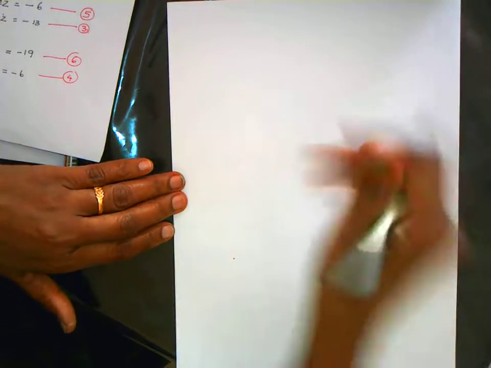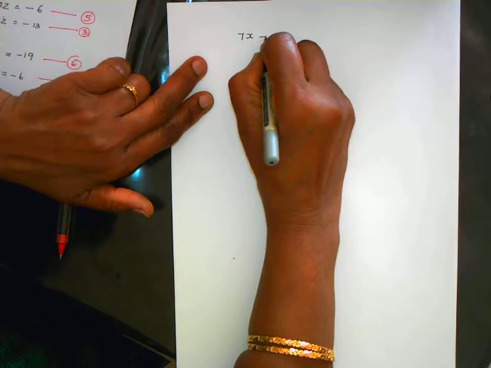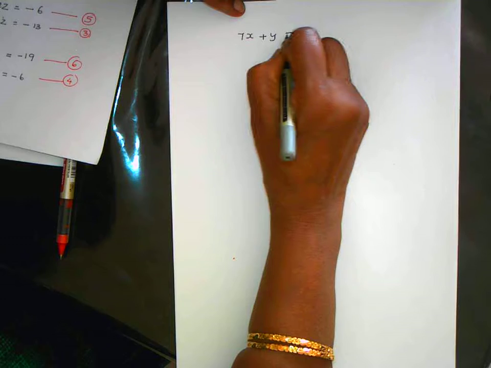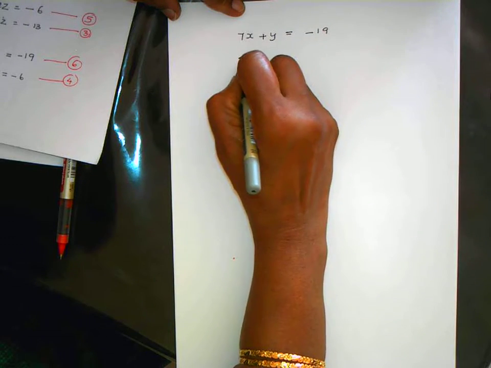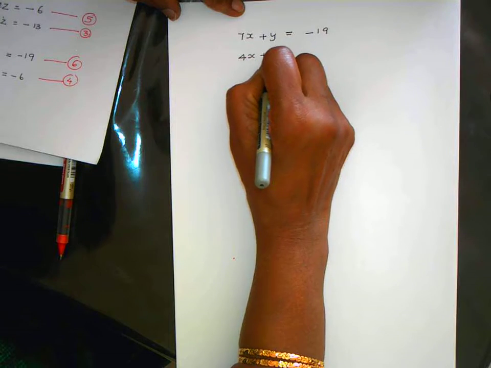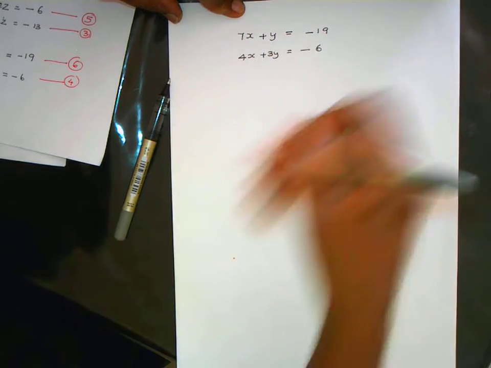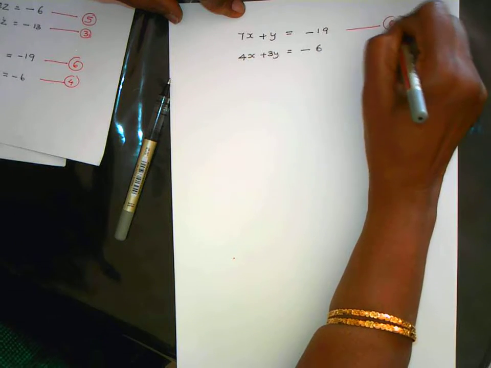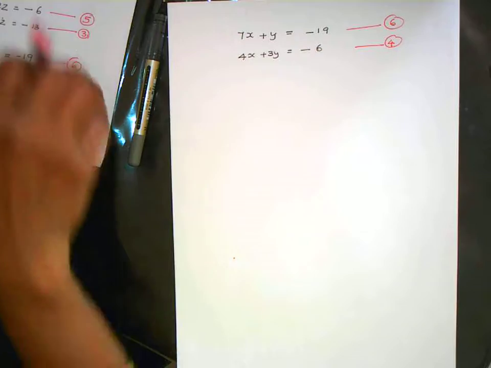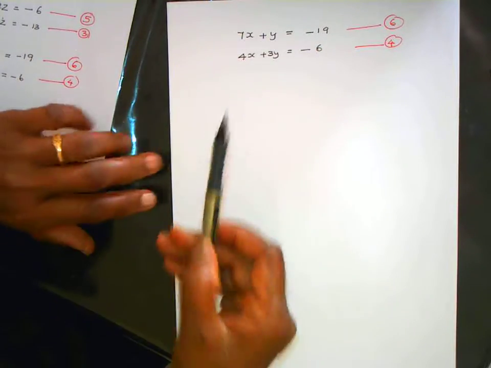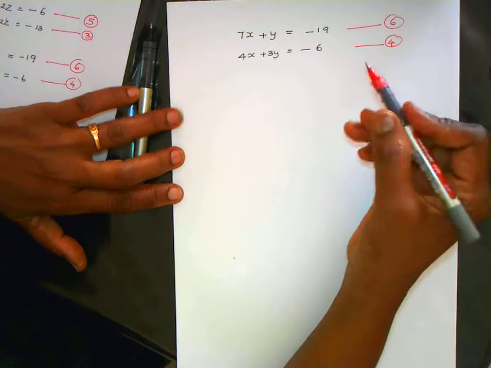I'm starting with the equations 7x plus y equal to minus 19, and 4x plus 3y equal to minus 6. I'm rewriting it so that we can start from the beginning. Our goal now is to eliminate one of the unknowns. Obviously, eliminating y is easier.